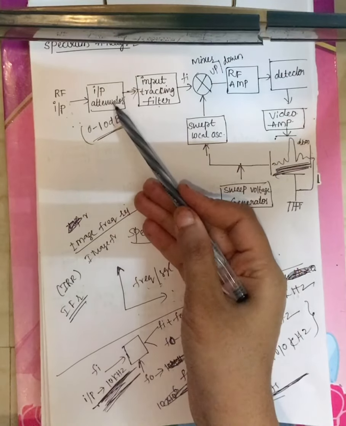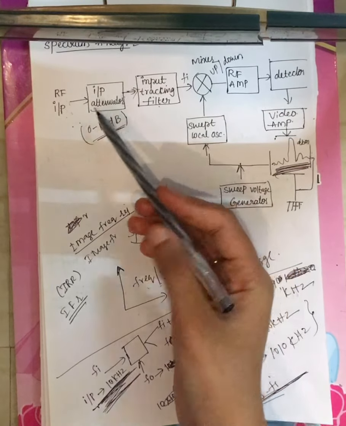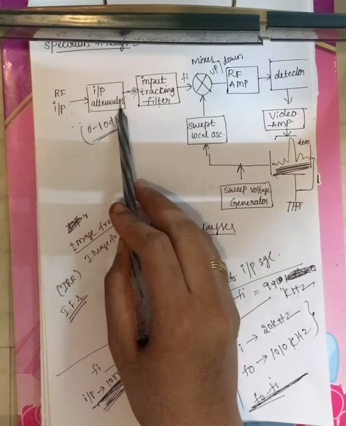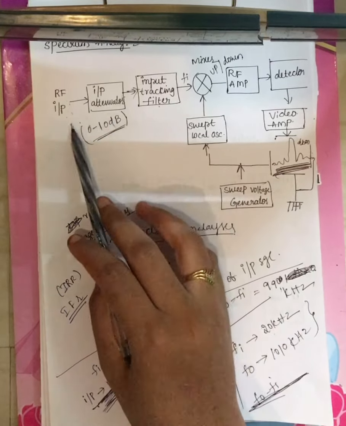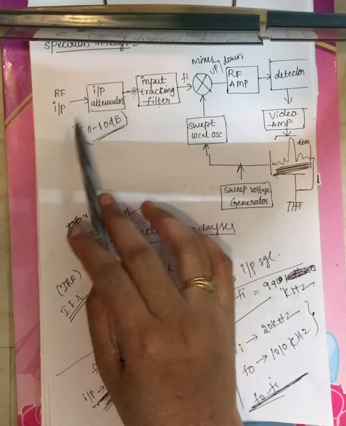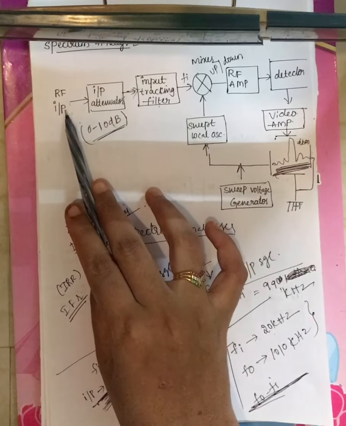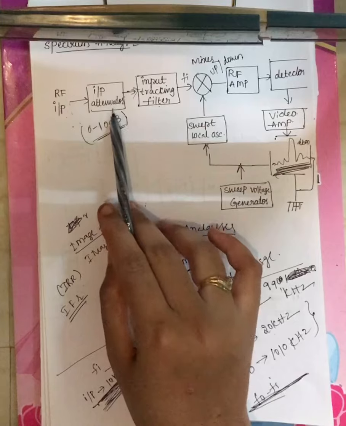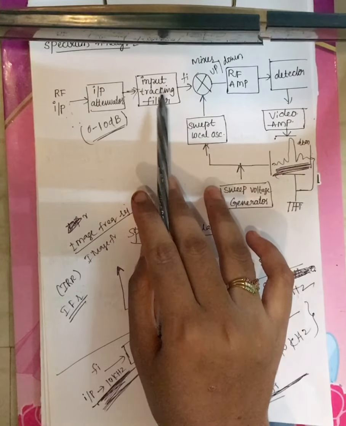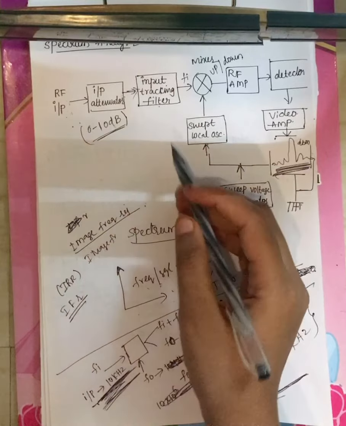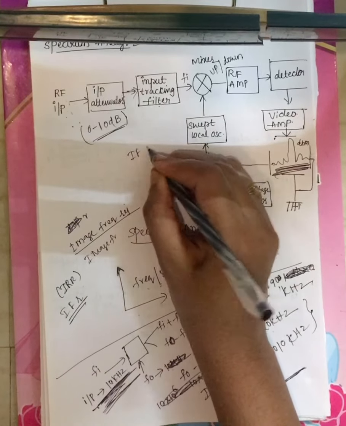Now it contains an input attenuator. The RF input is given to the input attenuator, which limits the input signal power in order to operate in a normal range, and that is given to the input tracking filter. What it does is image frequency rejection, or intermediate frequency rejection.